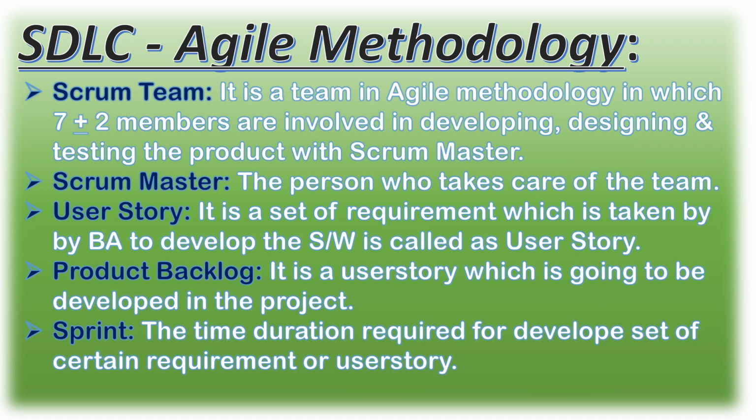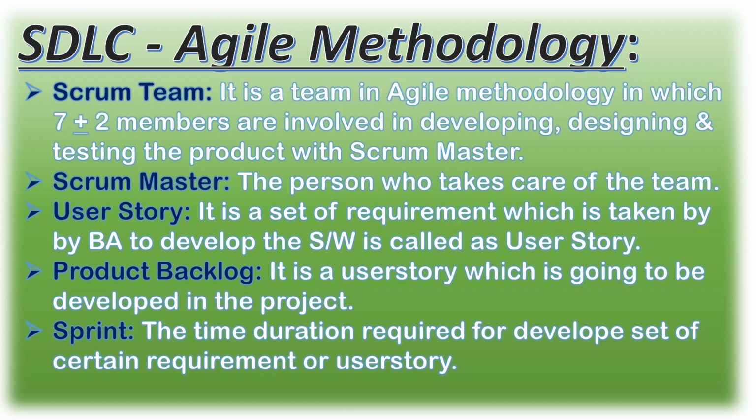So let's see what is a Scrum team. A Scrum team is a team in which 7 plus or minus 2 members are involved in developing, designing, and testing the product with the Scrum Master. 7 plus or minus 2 means we can have a range from 5 to 9 team members in the Scrum team.